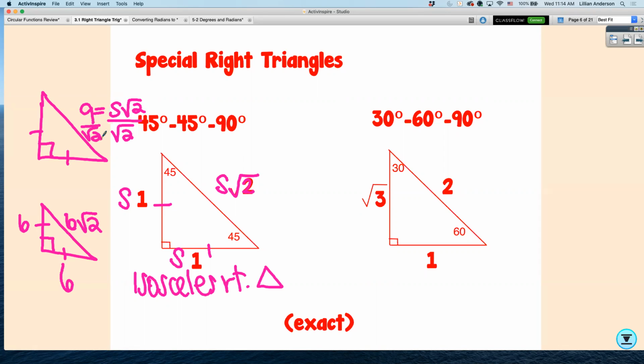So you'll have 9 over the square root of 2. Can you have a square root in the denominator? No. How do I get rid of it? Multiply top and bottom by square root of 2. So then that becomes 9 square root of 2 over 2. So each of your legs will be 9 square root of 2 over 2. This will be the exact value of the legs.